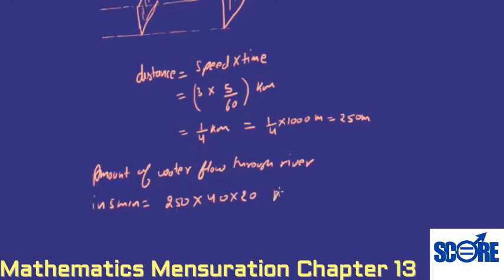All are in meters, so the volume is in meter cubed. The answer is 25 into 4, that is 100, 100 into 2, 200, and then three zeros. So 2 lakh meter cubed of water has flowed. Thank you.